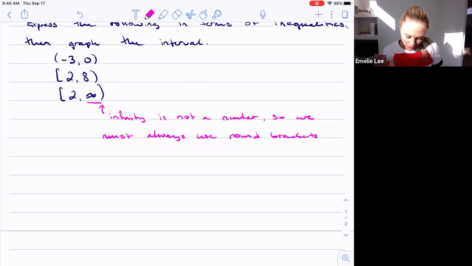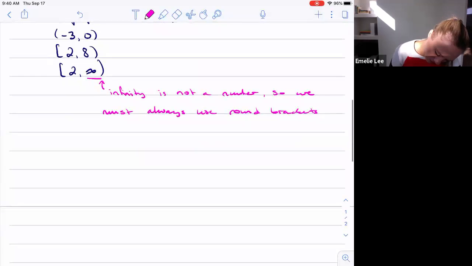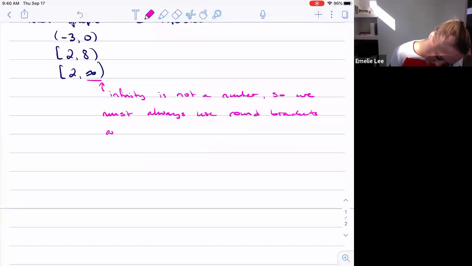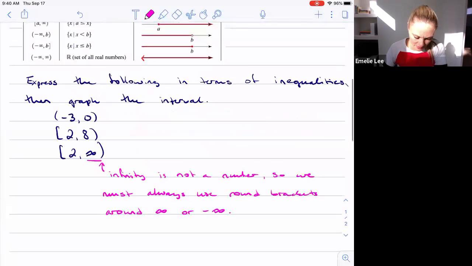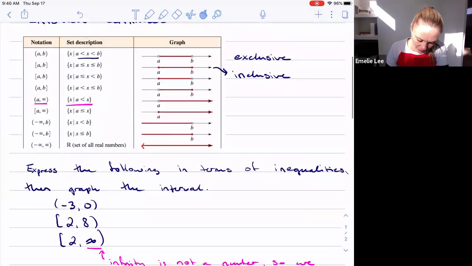So that's why we have to use round brackets around infinity, right? Or negative infinity, right? And you can see that in the list above. Whenever there's infinity appearing, there's round brackets around them.